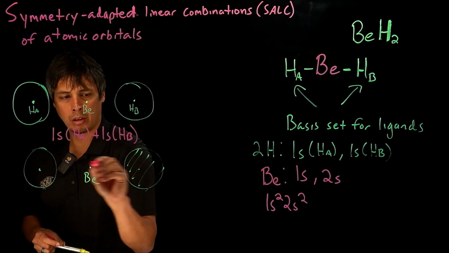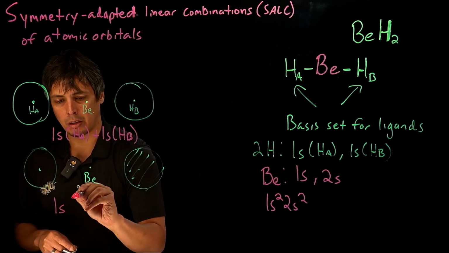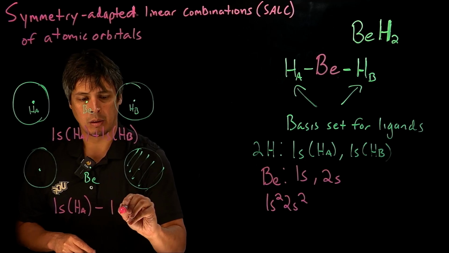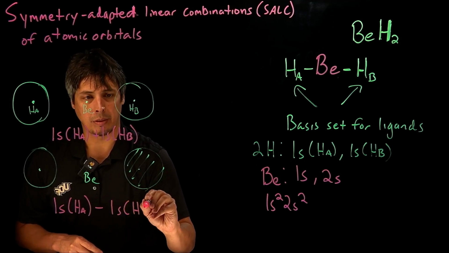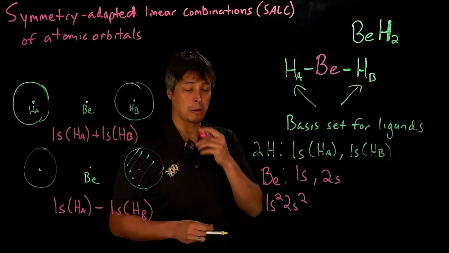Or in this case, where they're inverted, we would think of the equation describing this as 1s HA minus 1s HB, where the phases are opposite of each other, okay?